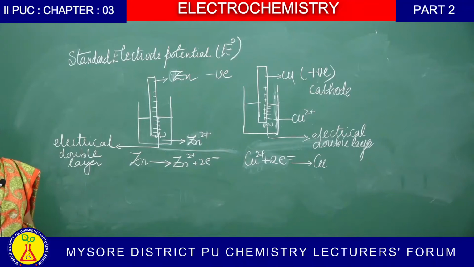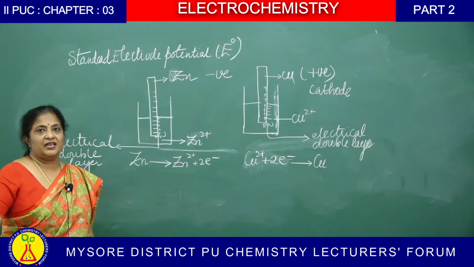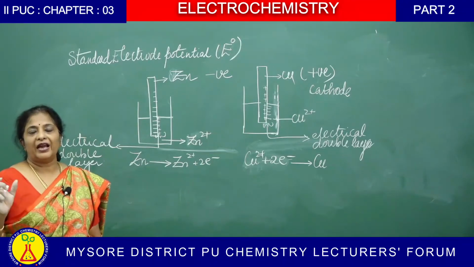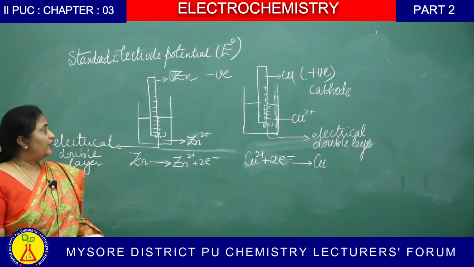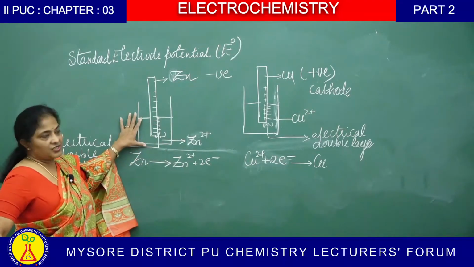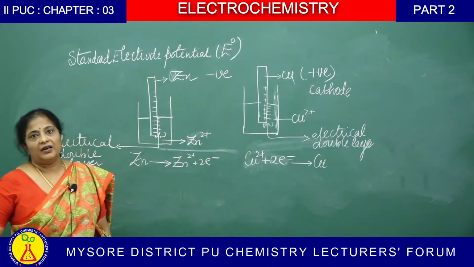Now, we have seen that in the Daniell cell, we are measuring the potential of the cell. What is a cell? A cell is an arrangement which contains both the anode and the cathode. But if I take zinc individually, this is called the oxidation half cell, and this is called the reduction half cell.